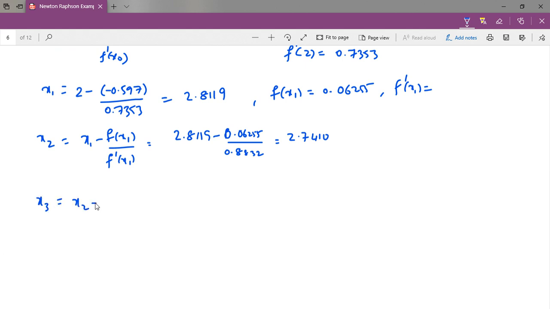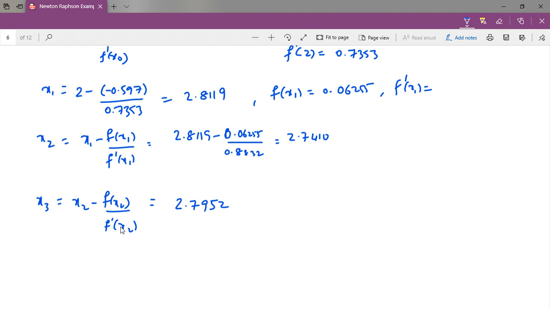Next go for x3. x3 is x2 minus f of x2 divided by f dash of x2. This gives 2.7952.